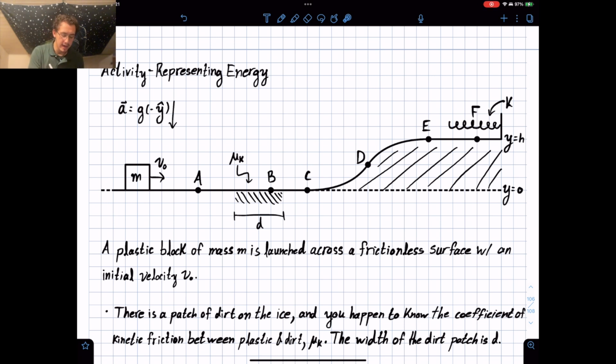Okay, A. If it has some kinetic energy, that is to say that it is moving rightwards, and it's frictionless. If there's no friction to slow it down before A, when it gets to A, it's going to be moving the same speed, so it would not have stopped, and it cannot stop at A. So A is not going on this list.